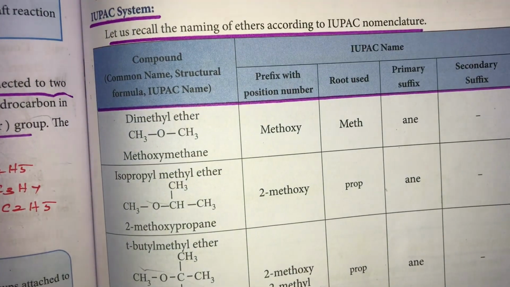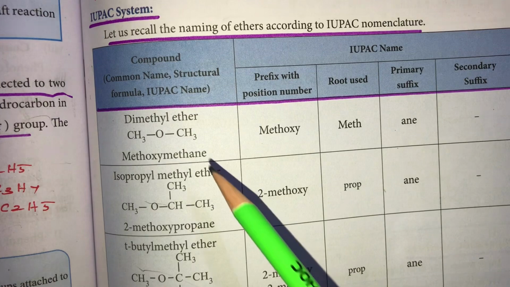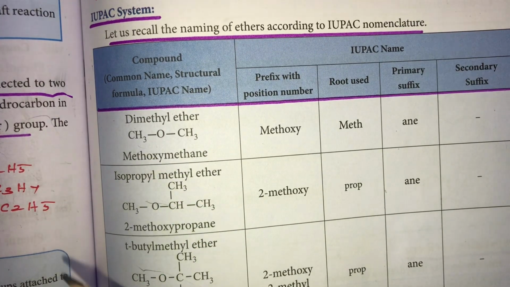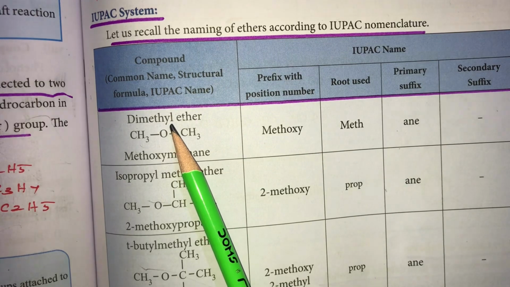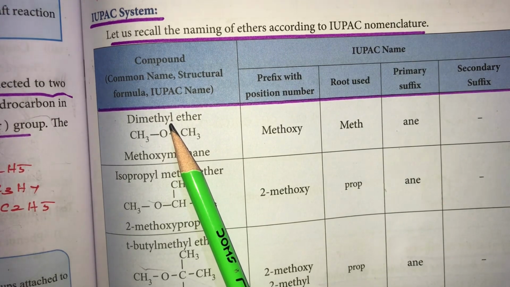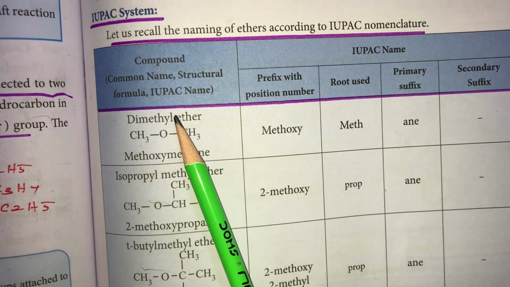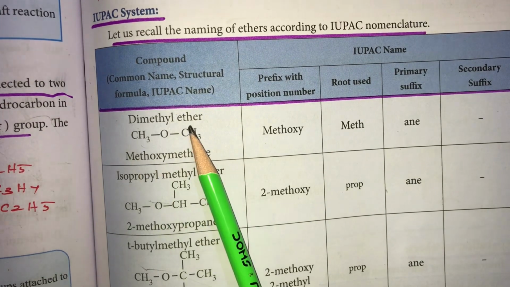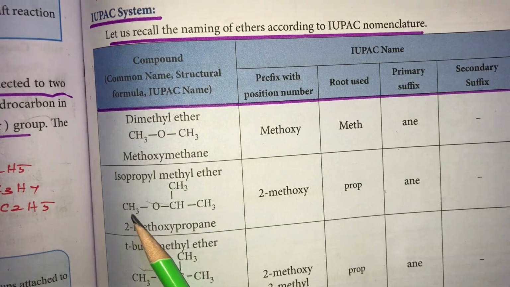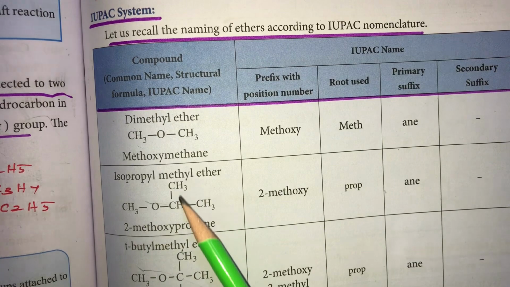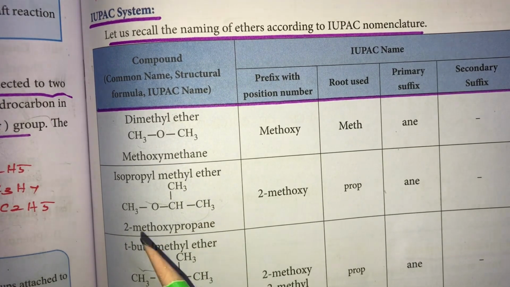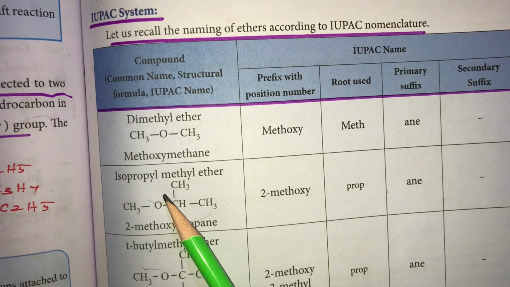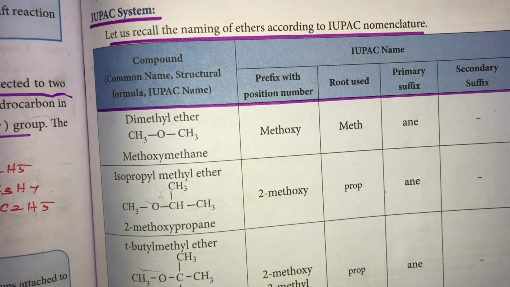Next is how to name ethers. The common name is dimethyl ether. For the IUPAC name, take the larger group as the main chain and the alkoxy group as the prefix substituent: methoxymethane. Next, methyl isopropyl ether, where propane is in the isomeric form, is otherwise 2-methoxypropane.